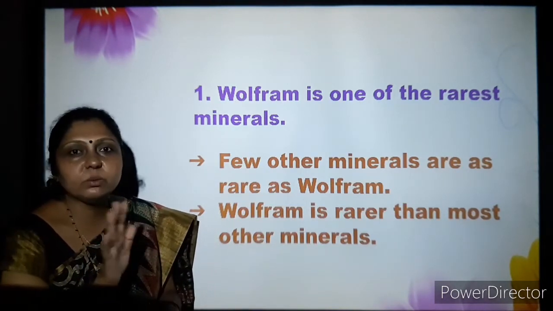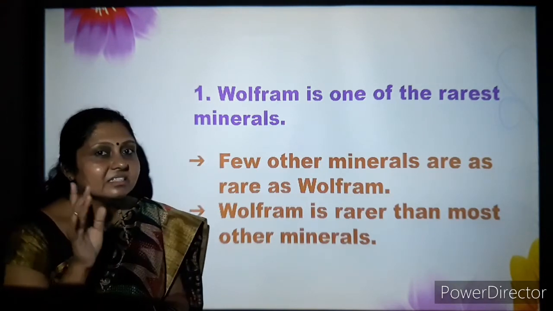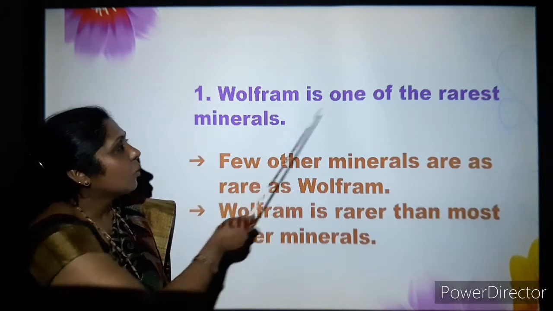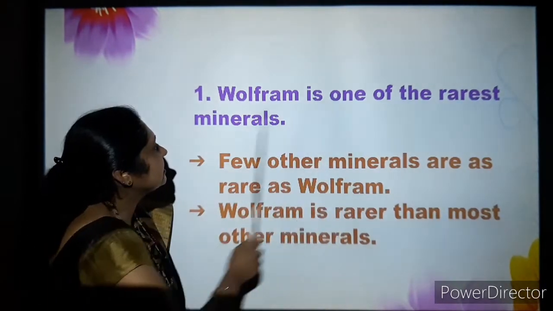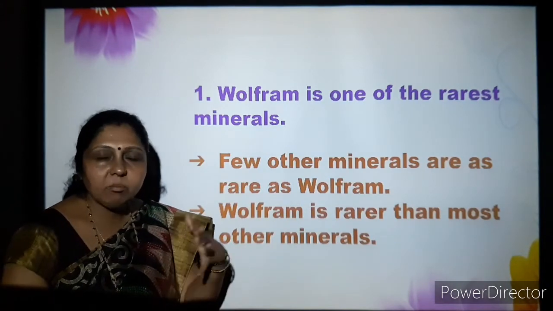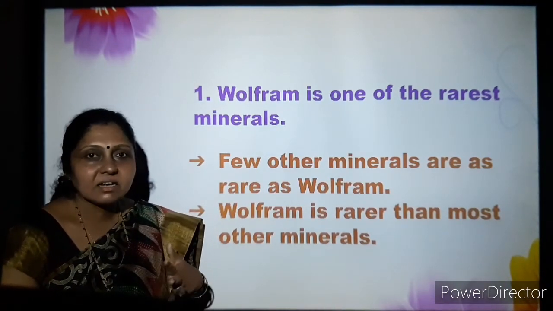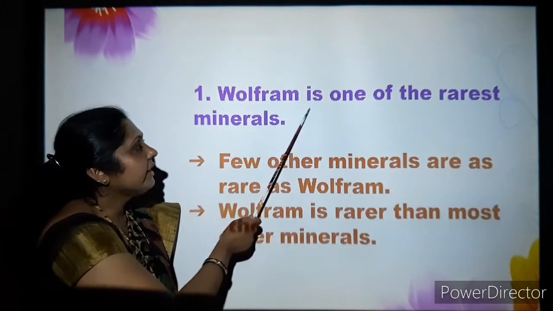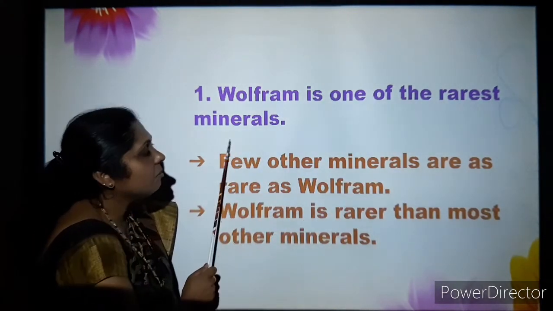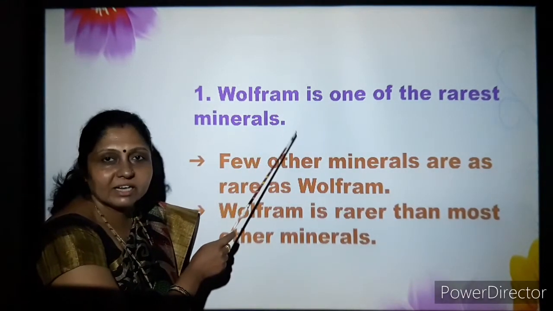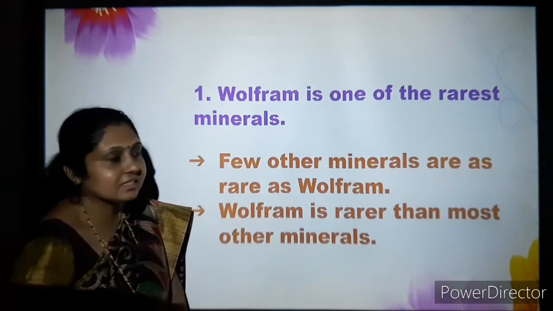They will not tell you in which degree the sentence is given, so you have to identify. Now here, one of the rarest minerals. There are many minerals which are rarest, and among them it is one. So here it is superlative degree, one of the rarest.